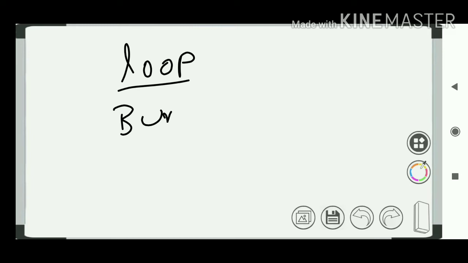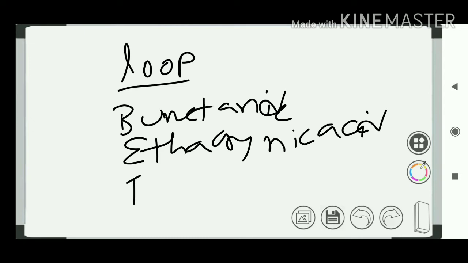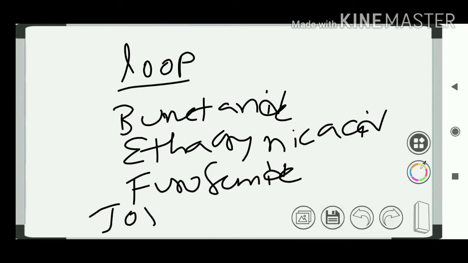Next, loop diuretics. Here we have bumetanide, ethacrynic acid, furosemide, and torsemide.